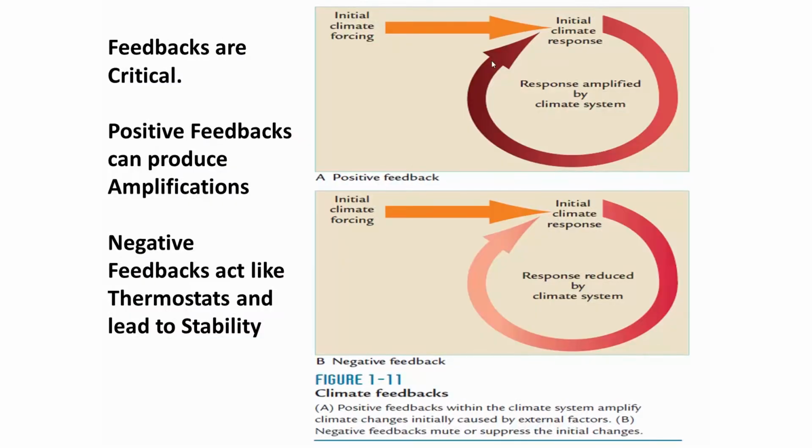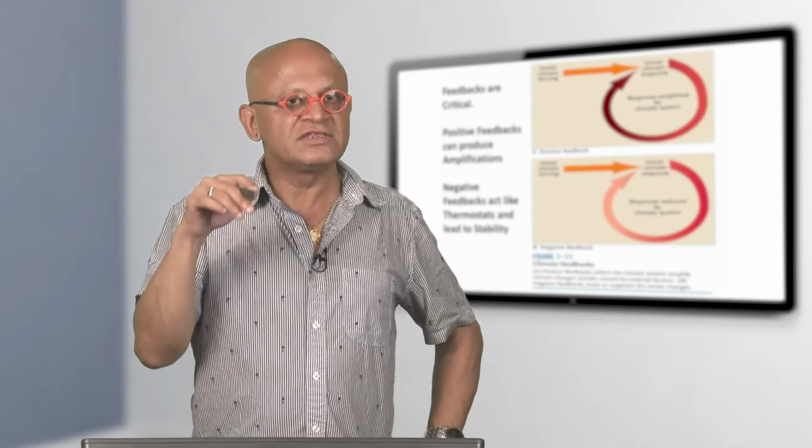Okay? There you had probably a negative feedback where some initial climate forcing change, again let's say from the sun, created an initial climate change response, and somehow the system reduced the original response, so you got into a negative feedback. This is like a thermostat.